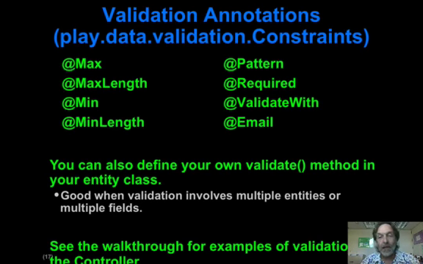This field is an email address, and so it's got to satisfy the email constraints. And then you can have a validate with, which enables you to specify some code that will be run. And also within an entity definition, you can just define a validate method that can do anything it wants to do, and that will also be invoked as part of this whole overall validation process. And we'll see examples of this in our controller walkthrough package.